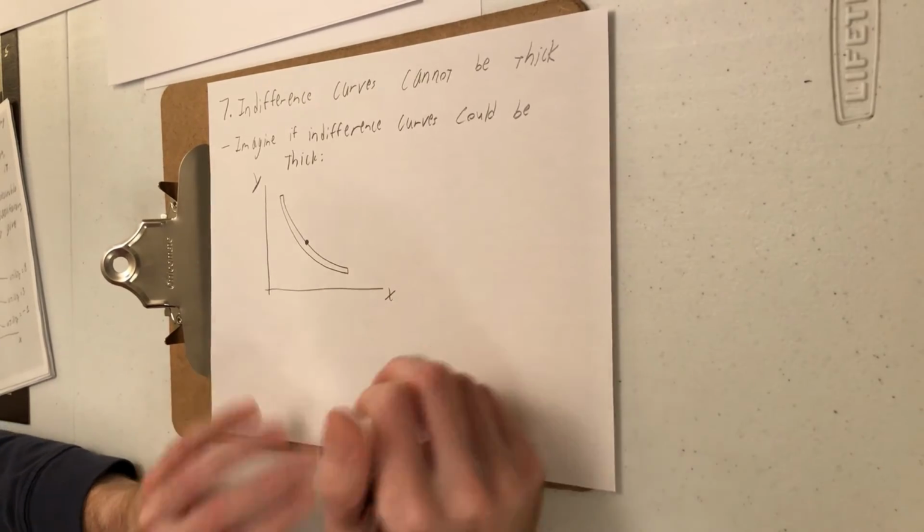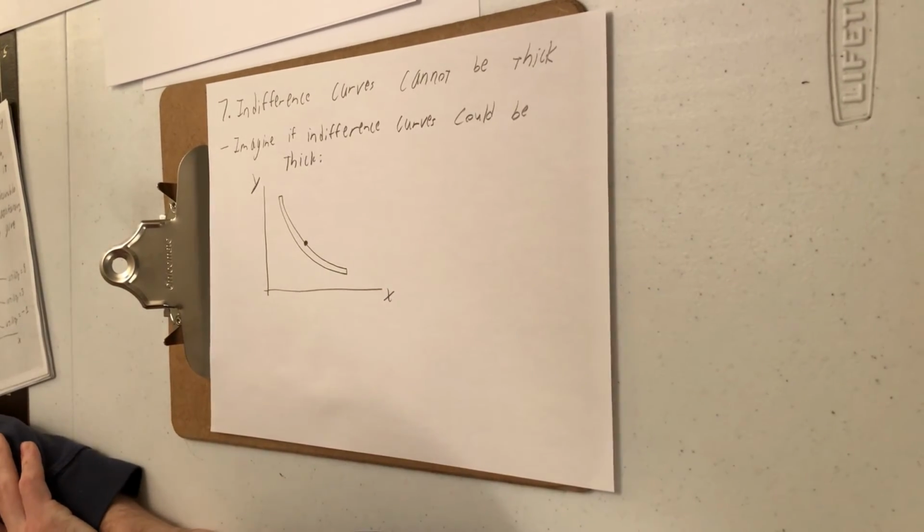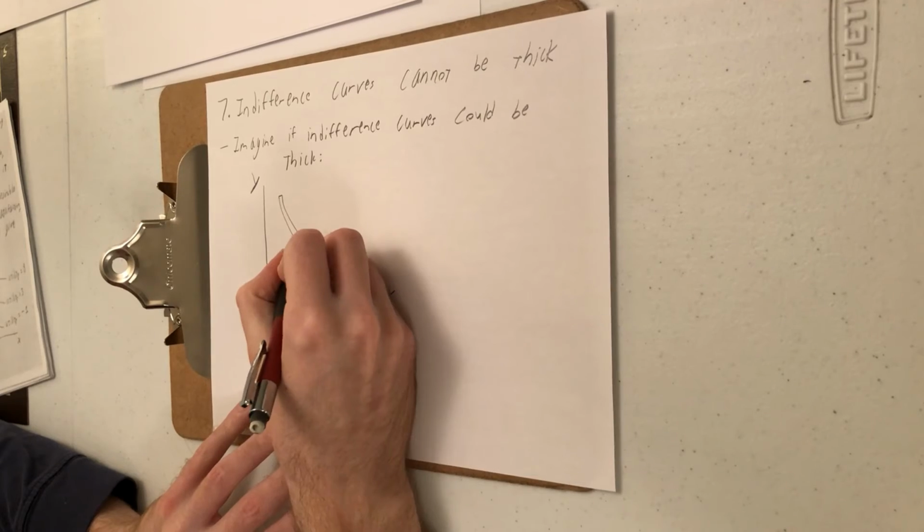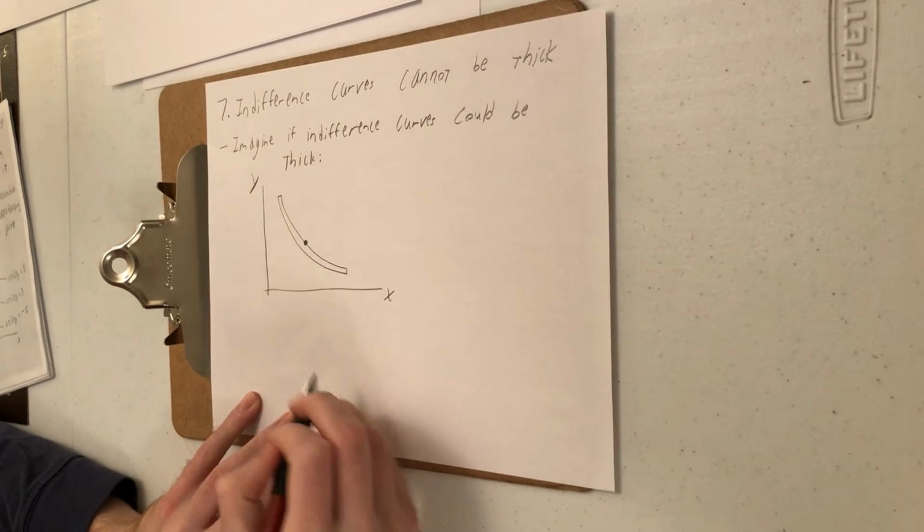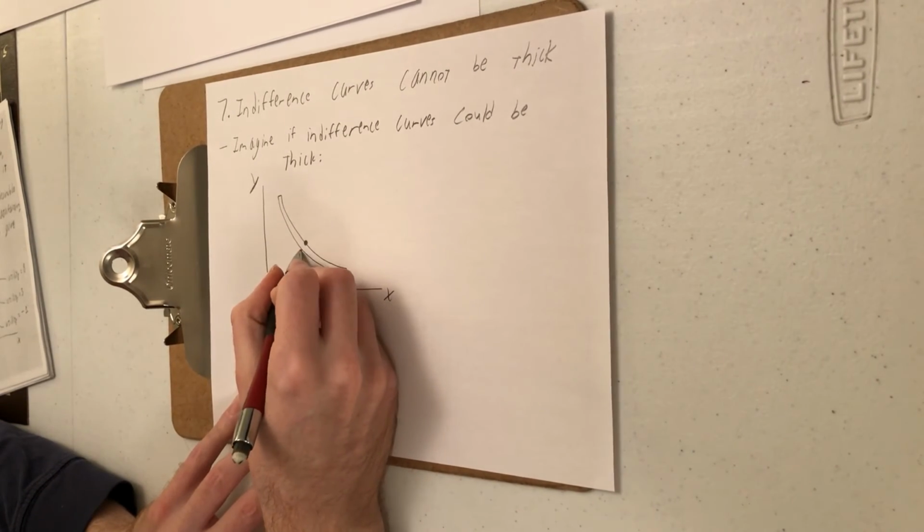So here's why this is not possible. So that indifference curve includes a point out here, but also includes a point back here.